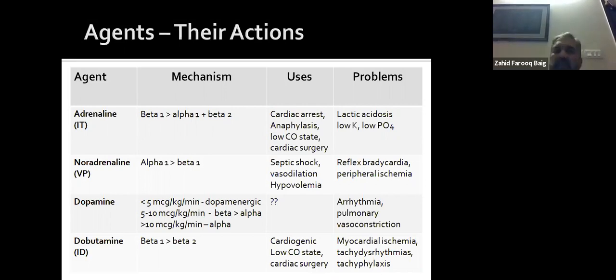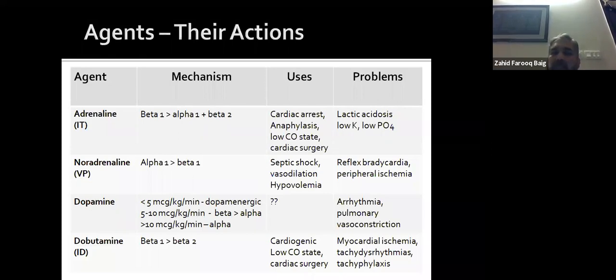So there may be some or no effect on vessels, but mainly it acts on the heart. Uses include cardiac arrest, and anaphylaxis is another important indication of adrenaline. The problems we can see include lactic acidosis, low potassium, and low phosphate.